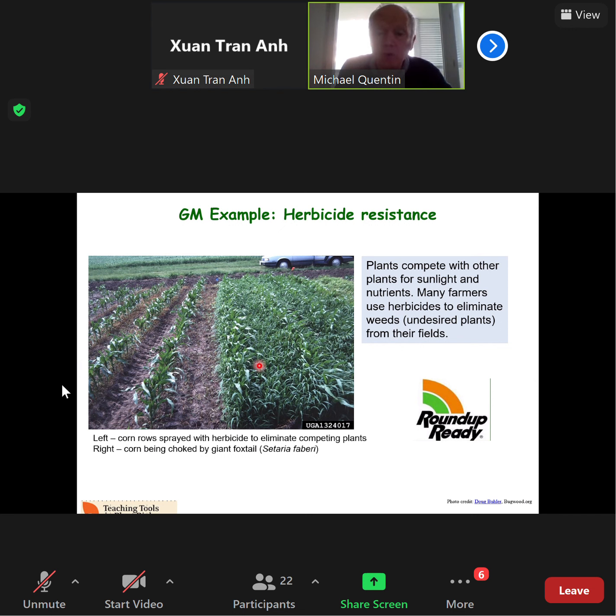All those plants that you don't want to grow together with your corn will use water and nutrients from the soil that will not be available for your culture, for your crop. So there is a use of creating those GMOs resistant toward the specific herbicide.